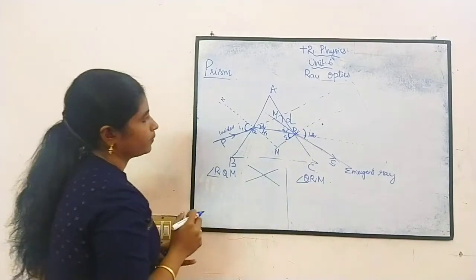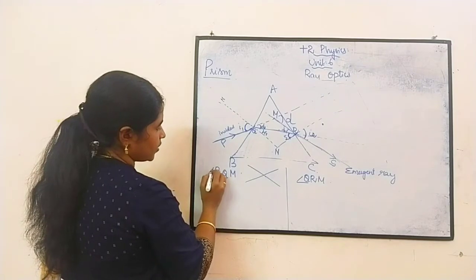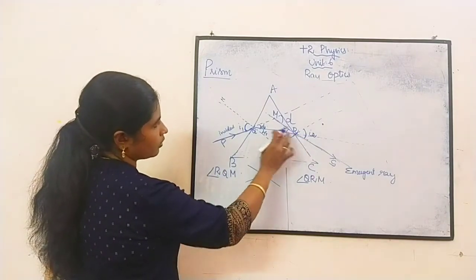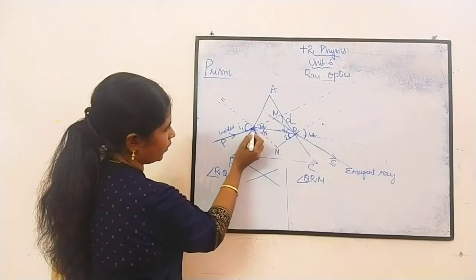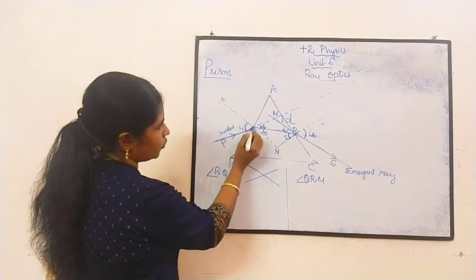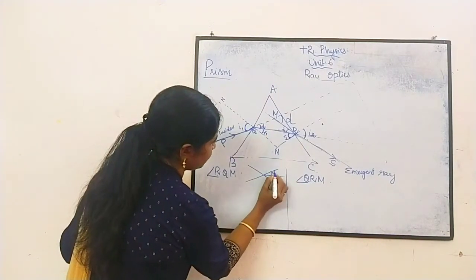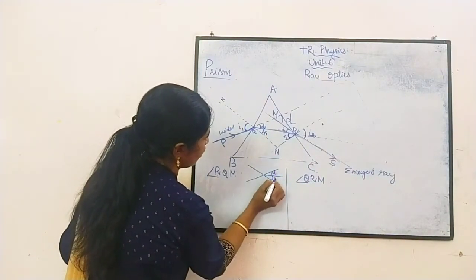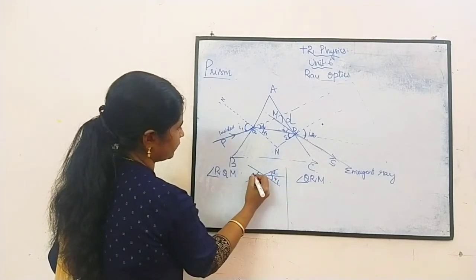Clear? So now we are going to take this triangle RQM. Take the point Q. Here we can say this is D1 and this is R1, and this is I1.